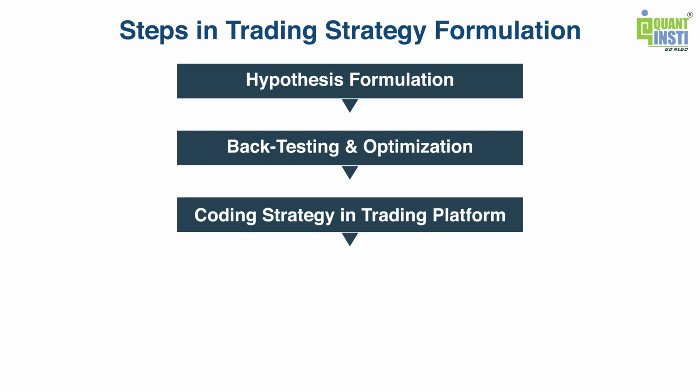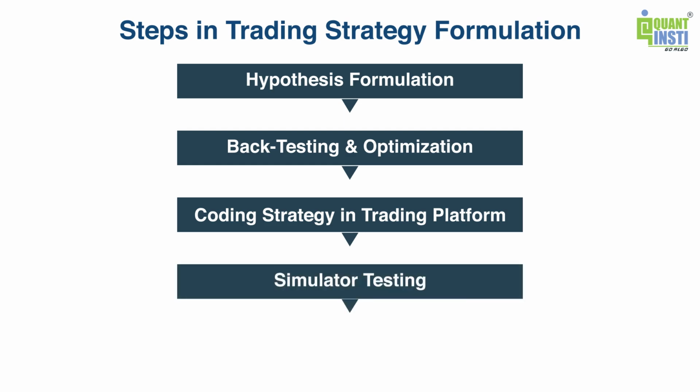The third process is coding the strategy into the trading platform. Once your hypothesis has been backtested and proven, you write your algos so that you can execute through the trading platform, and you try to arrive at better execution using an algo trading platform. Once that is done, you move on to simulator testing.